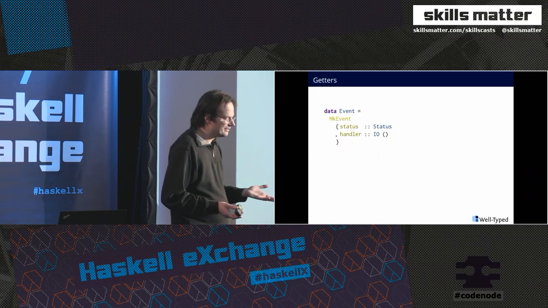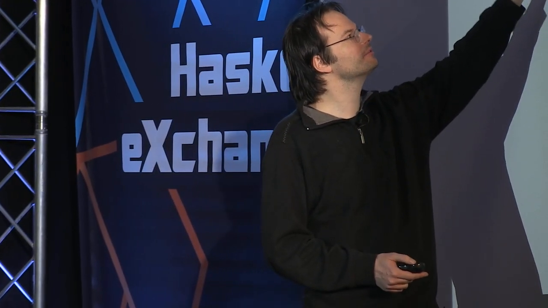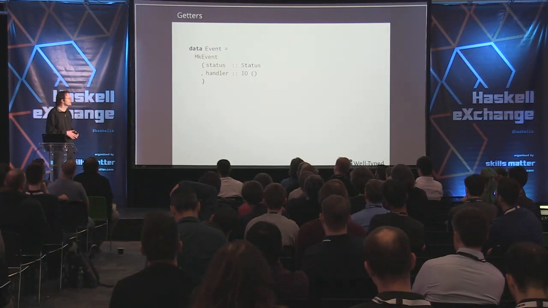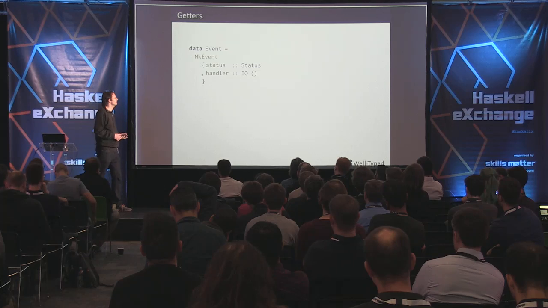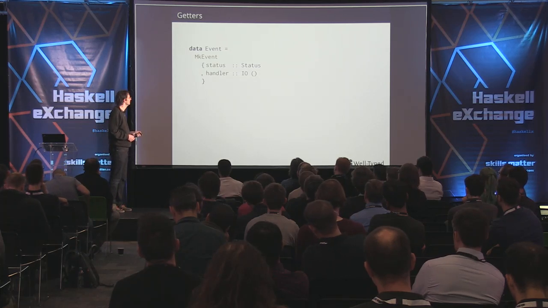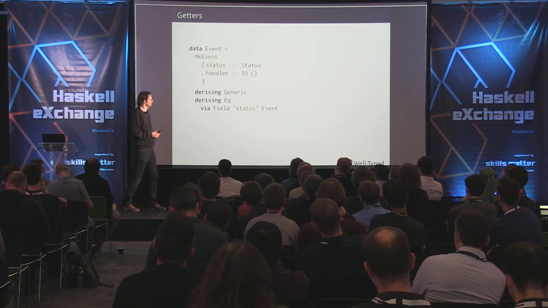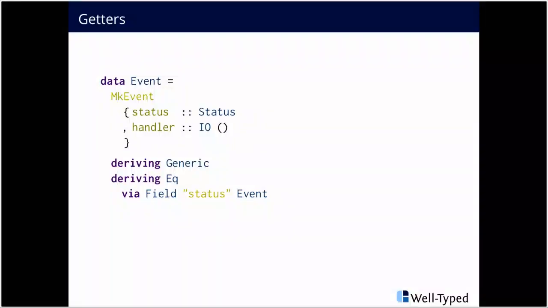But perhaps I'm not even interested in this part, right? Perhaps I want to only use the status, right? So there are different variants or aspects of how you can deal with this, but here's one thing you can do using deriving via. So you can first derive Generic for it again.